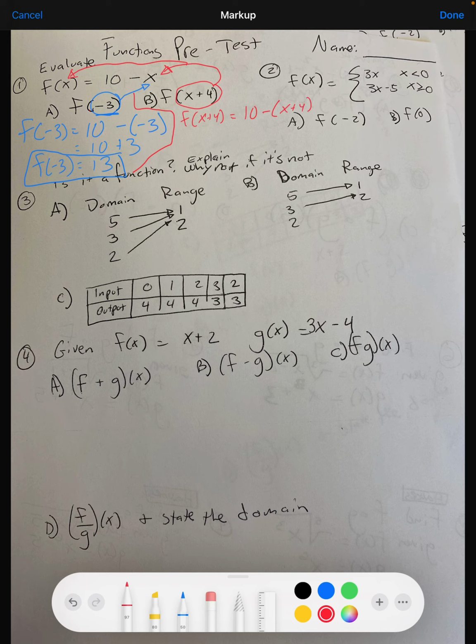That negative has to distribute to both the x and the 4. It's like a -1. That would give us 10 minus x minus 4. If we combine our like terms, okay, that's going to give us 6 minus x.